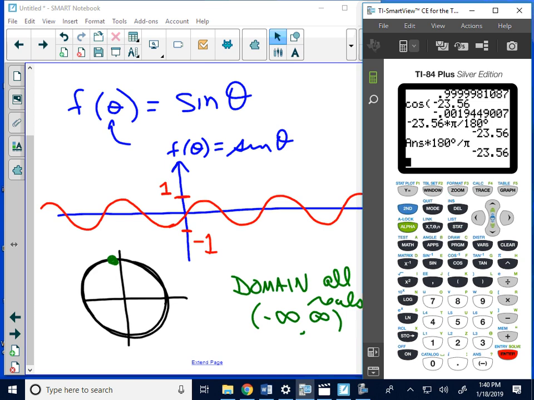Look at this. Negative 23.56, right? This is in radians. I want to turn it into degrees. That's 180 degrees over pi. I guess I really can't use the calculator very easily, right?